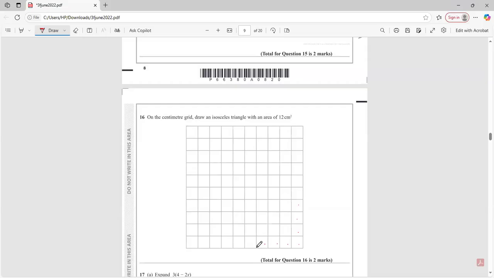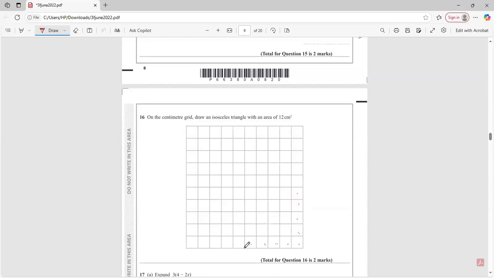Let me include this one. 1, 2, 3, 4, 5, 6, 7, 8. 1, 2, 3, 4, 5. So I have to add this one so that everything will be complete. 1, 2, 3, 4, 5.